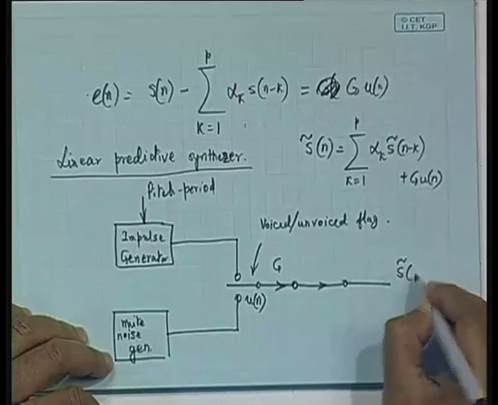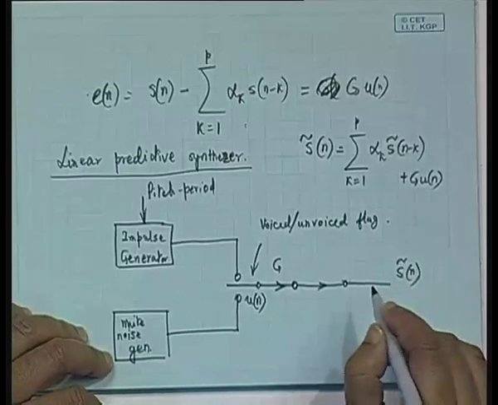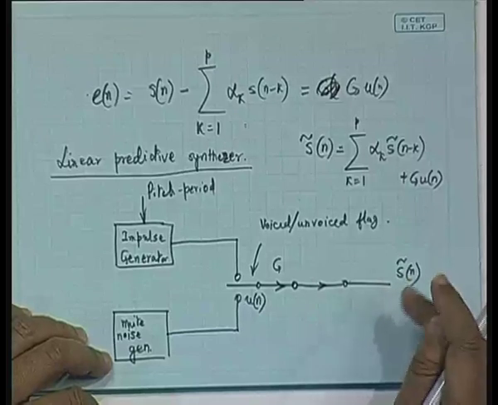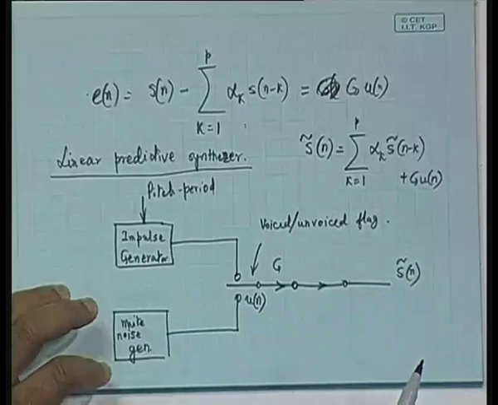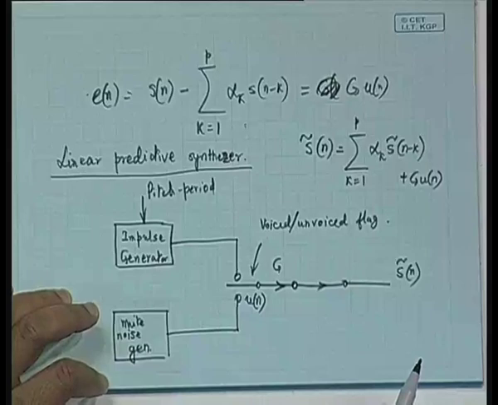If we have S tilde n over here, then we have to generate the set of samples S tilde n minus 1, S tilde n minus 2, all the past samples have to be made available to us for the linear prediction, and to make that available, we have to add the delay elements, that means to say z to the power minus 1.